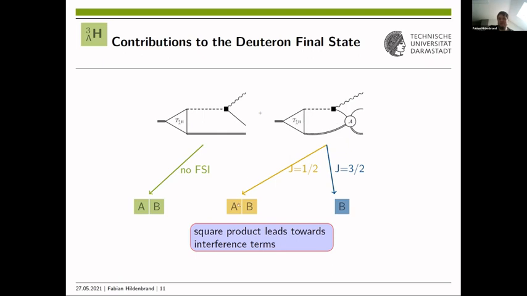You get A and B for J equals 1/2 and only the B part for J equals 3/2. And of course, you need to take the square of the whole term, and that leads to interference terms.